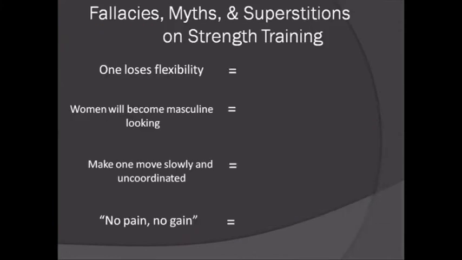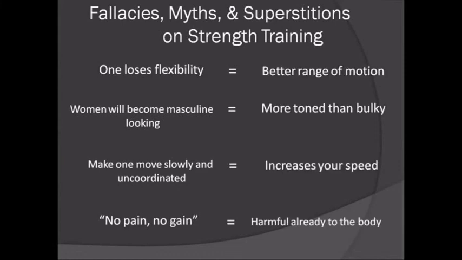Here are some common, or let's say, the fallacies, myths, and superstitions on strength training. The first one is one loses flexibility when you perform strength training. So this is a myth because when your muscles and bones are healthy and fit, your joints, tendons, and ligaments also become strong.